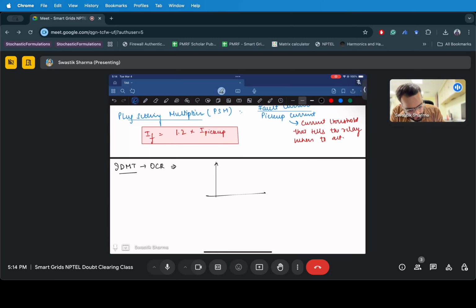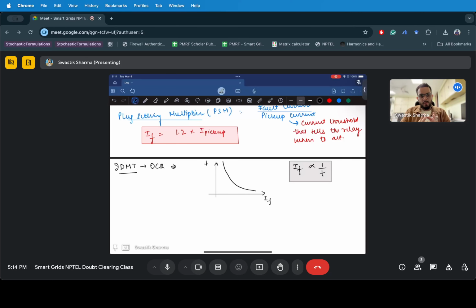It says that if the level of fault current increases, the time taken to issue a trip signal by a relay decreases. So as the magnitude of fault current increases, your time taken to issue a trip signal also decreases.